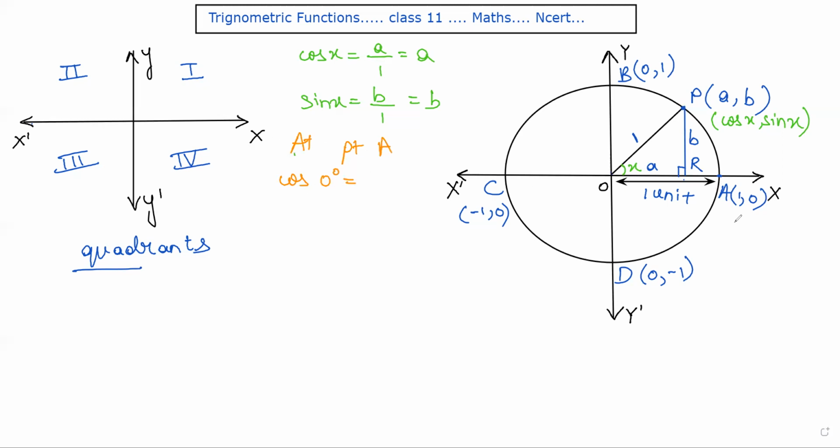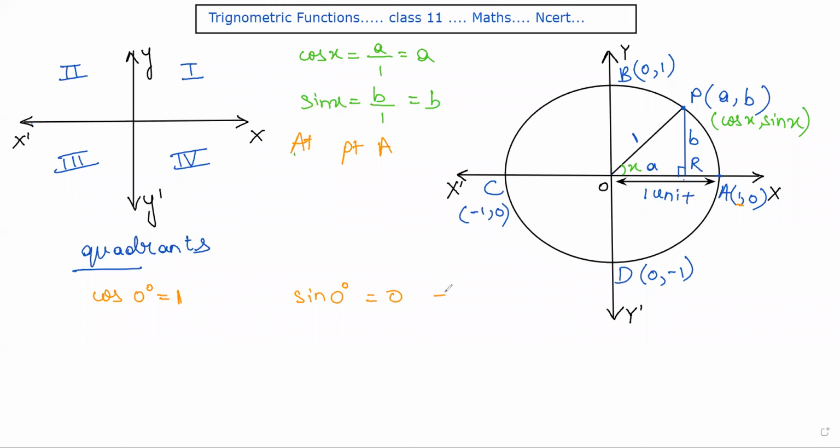Cos 0 will be equal to the first value, which is 1. And sin 0 will be equal to 0. So cos 0 is equal to 1 and sin 0 is equal to 0.